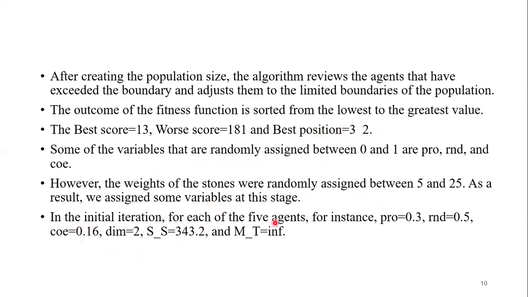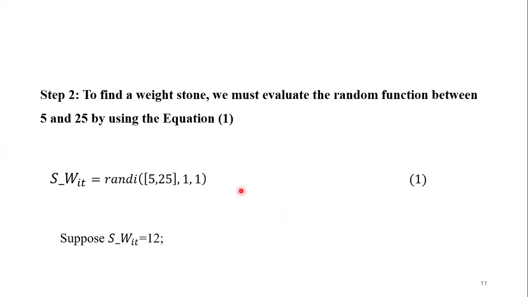Then we have some parameters: probability, rand, a coefficient for moderating the equation, dimensions 1 and 2, x1 and x2, and the speed of sound, which is 343.2, a constant. Remember this value. Then mt is infinity at the beginning, and with the iterations, this mt will get reduced.